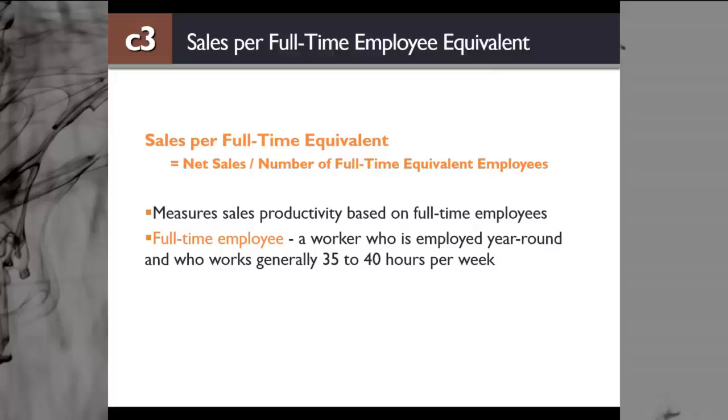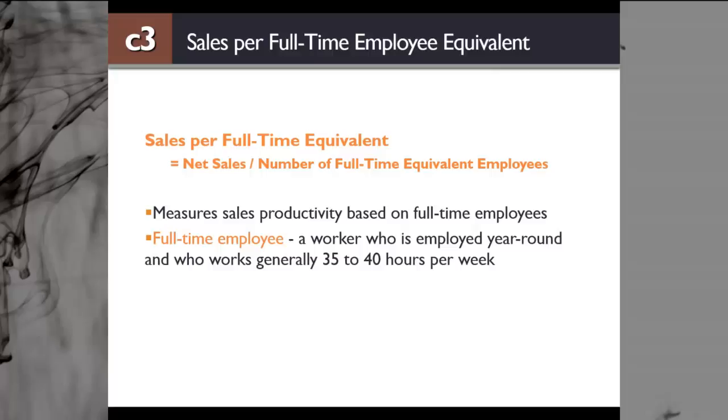So you have to calculate how many full-time equivalent employees you have. Maybe you have 5 full-time employees and 10 part-time employees, but these 10 part-time employees equal 3 full-time, something like that. Then you can transfer that into full-time equivalents.